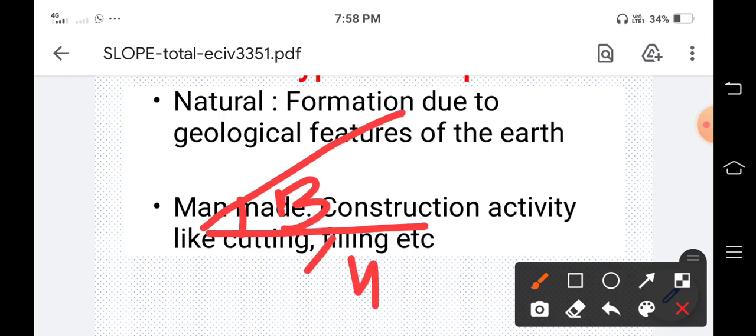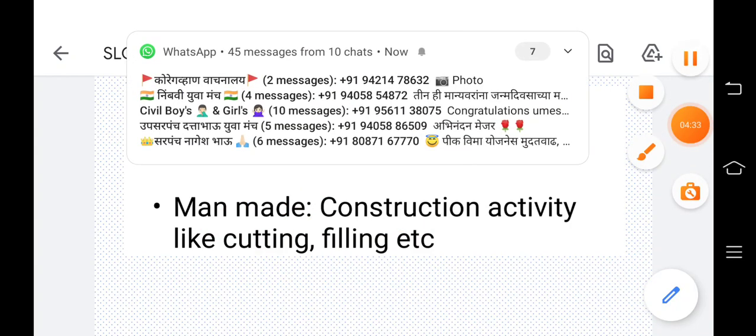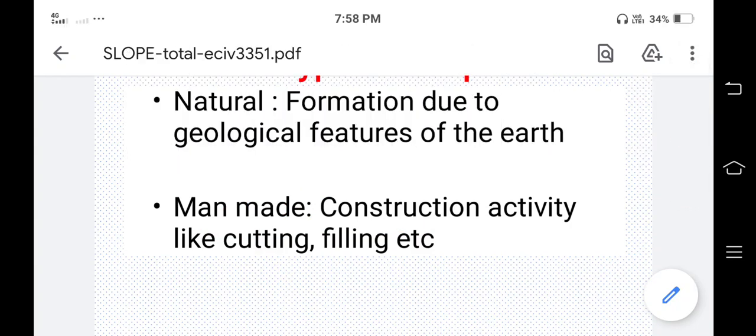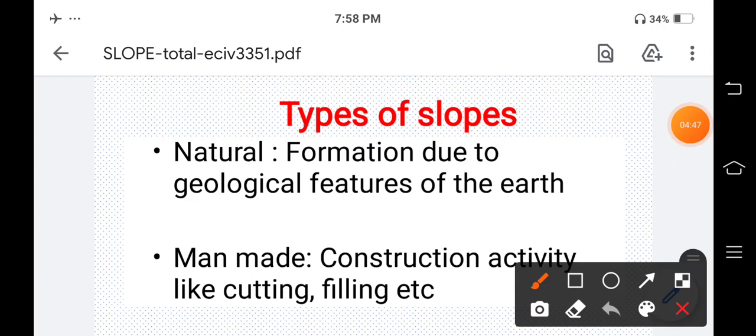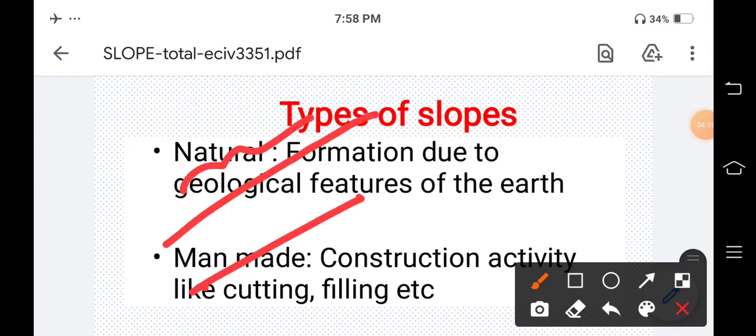This is a horizontal line. From our point of view as civil engineers, our main target is to stabilize the slope, to avoid the falling or the sliding.